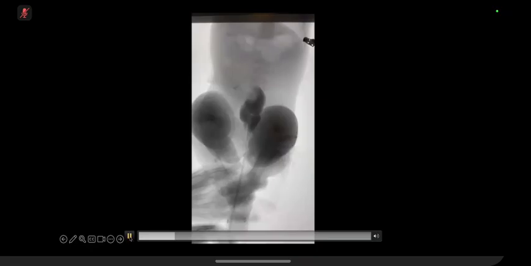Yes. Fluoroscopic barium enema being performed for hydrostatic reduction. Here I can visualize that the barium is ascending through the rectum, and I'm able to visualize the claw sign at the level of the sigmoid colon.